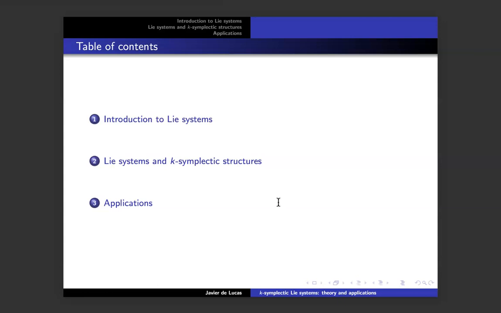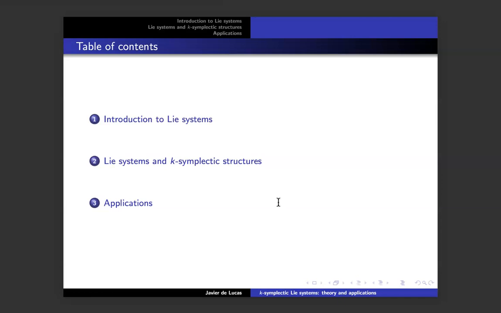And normally the way to find how to do this modification of the k-symplectic formalism is just looking for applications, or looking for appropriate mathematical properties in the formalism. So this is going to be the third part of the talk.